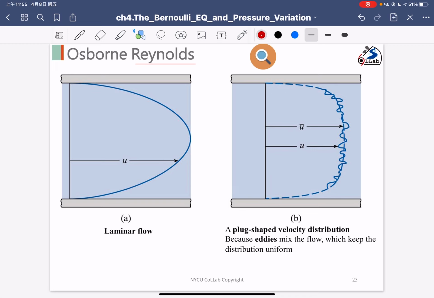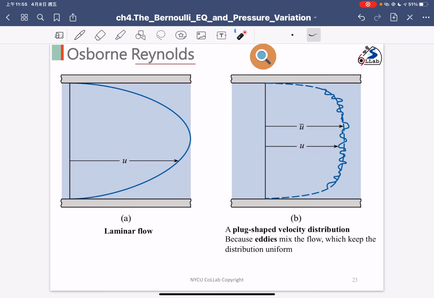But the significant difference between laminar and turbulent flow depends on the velocity profile. You see this is a parabolic profile for the laminar flow, but this is the profile for the turbulent flow. The turbulent flow always tends to change the parabolic profile toward a uniform flow.